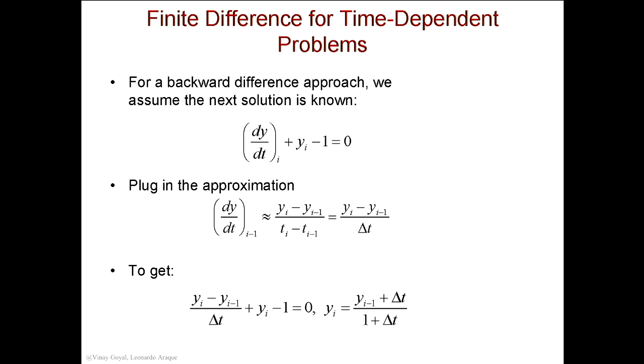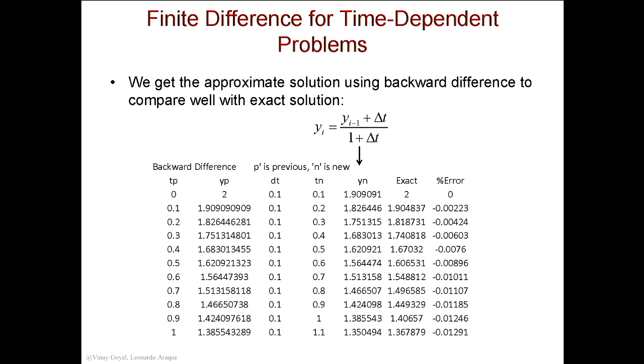However, when I look at what this produces, I follow the same process. I start at time equals 0 with an initial condition of 2, so y at t equals 0 is 2. And I march forward in time, so dt is 0.1. By putting these two values in here, I can find y at time equals 0.1, and I got 1.909.